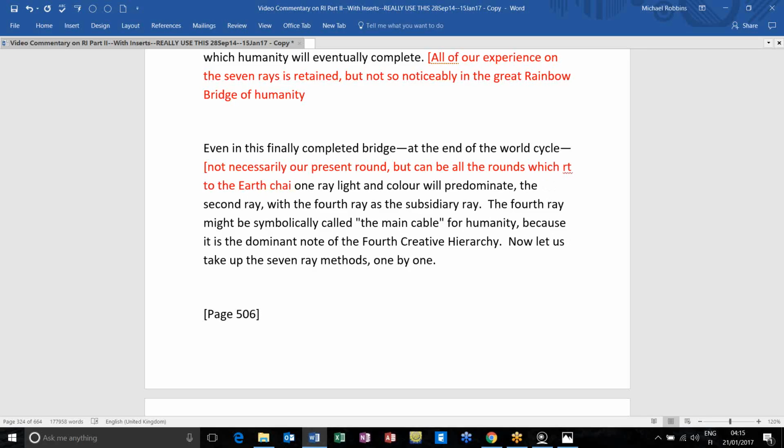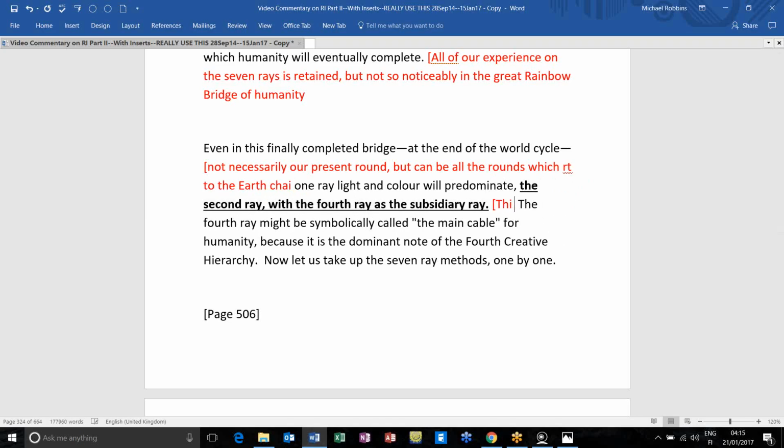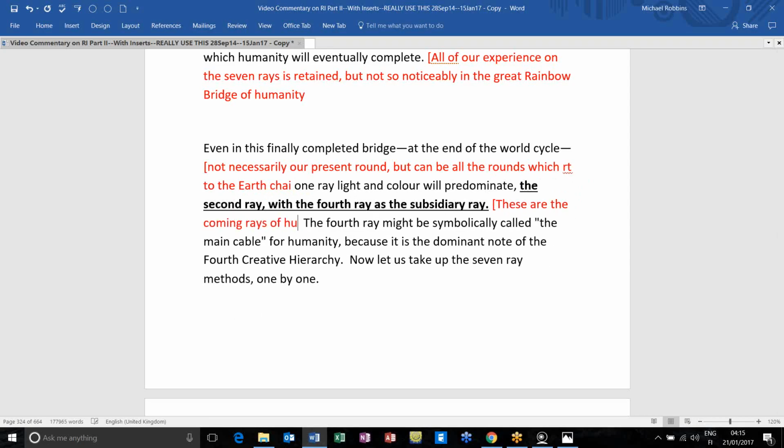One ray light in color will predominate, the second ray with the 4th ray as the subsidiary ray. These are the coming rays of humanity. This is where a strong hint about that is. These are the coming rays of humanity.